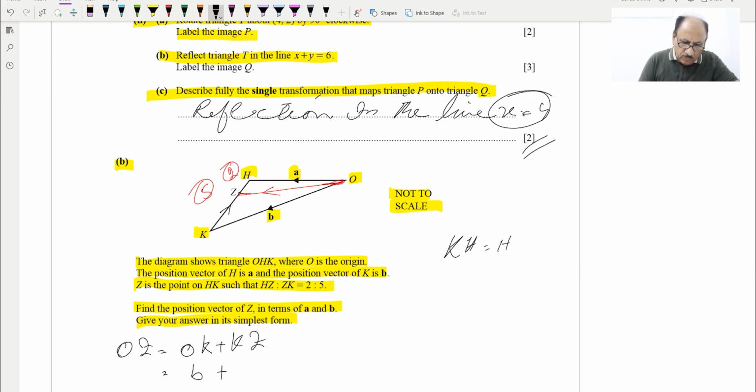KH is equal to KO plus OH. KO is minus b and OH is a, so this will be a minus b. This will be the KH value.